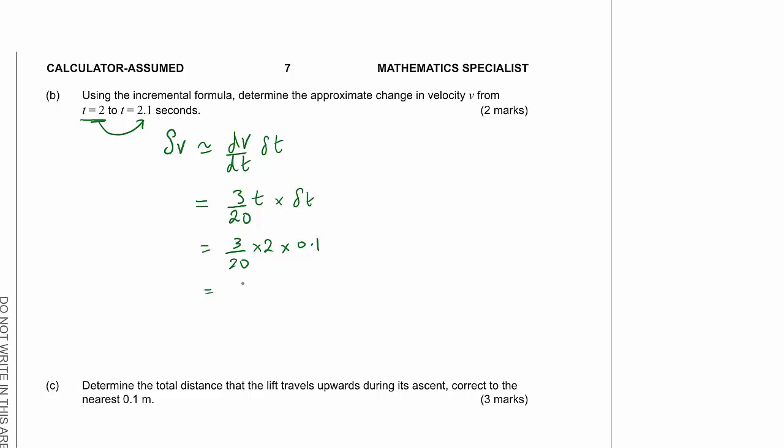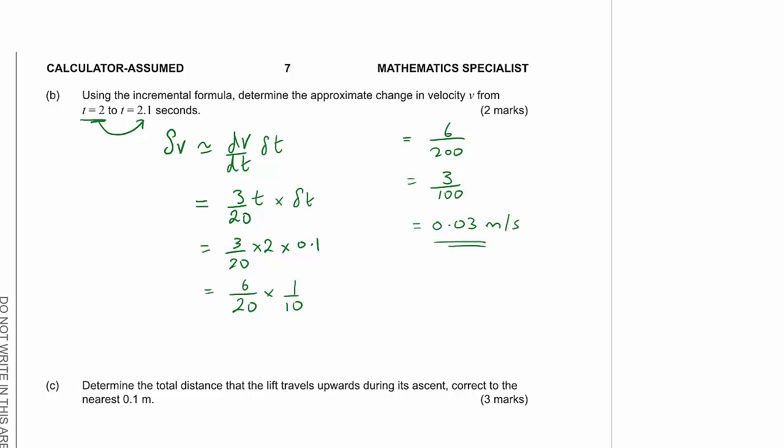So that's going to be 6 over 20 times 1/10, which is 6 over 200, which is 3 over 100, or 0.03 meters per second.